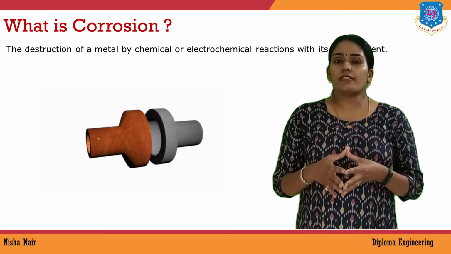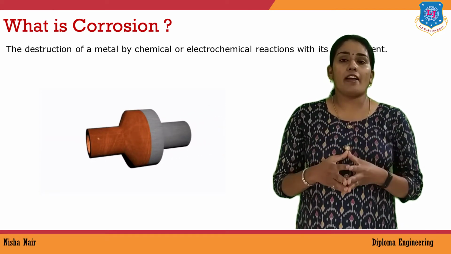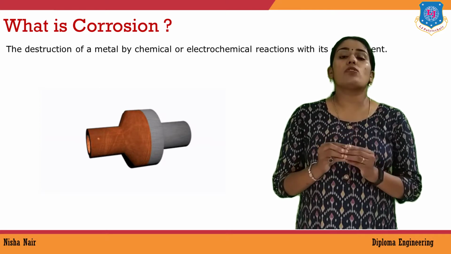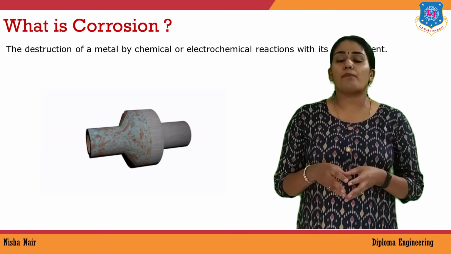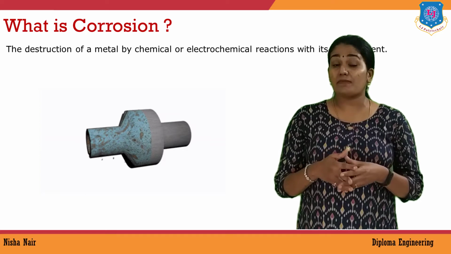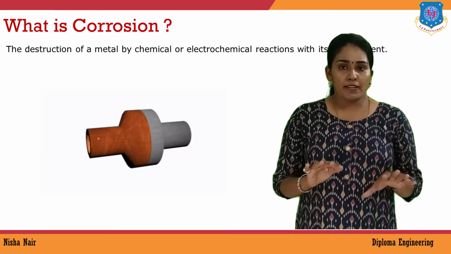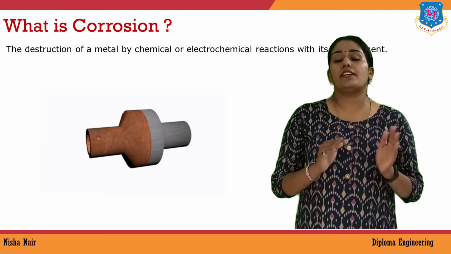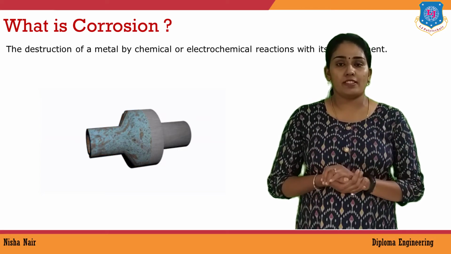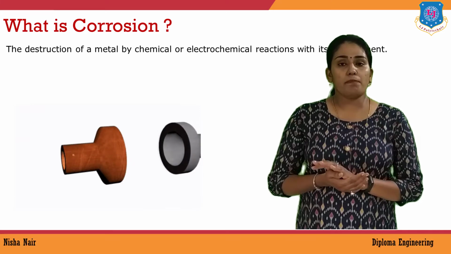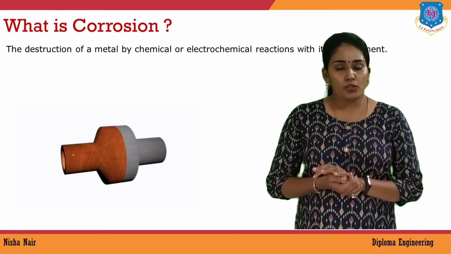The most natural thing we see is the decay of iron. Iron gets rusted and loses all its properties, like electrical property, metallic property, ductility, and malleability. It becomes brittle and loses all its metal properties. So corrosion means the decay or the rusting of metals. Here the decay of metal takes place, and such a process is known as corrosion.